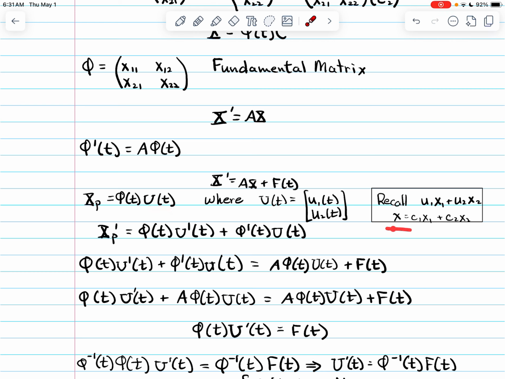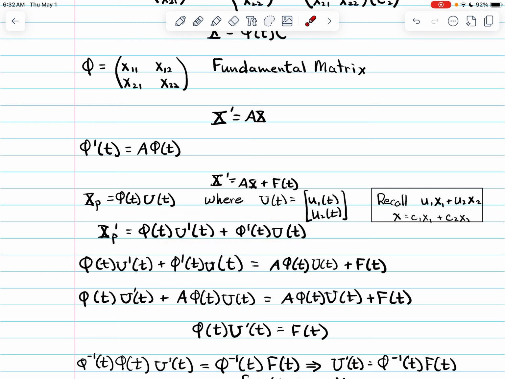And of course, you recall from variation of parameters, we've got this. Remember how it works. So our job is to find the U1 and the U2. So that's what we need to do here. Okay. Now, let's just look at this and let's see if we can plug back in. So notice the derivative of x sub p, just using the product rule, gives us this.